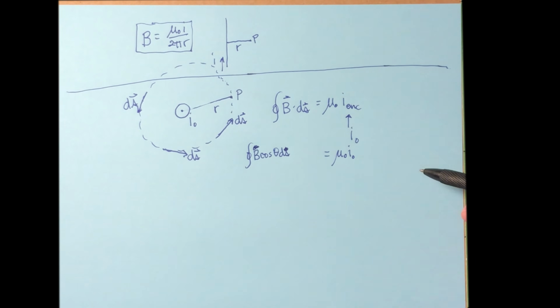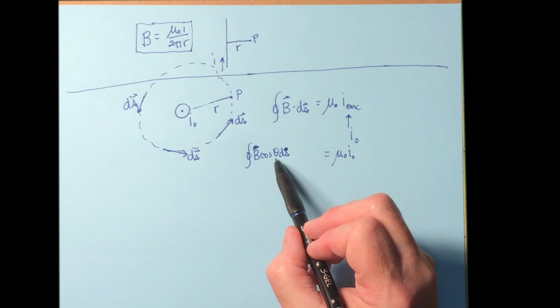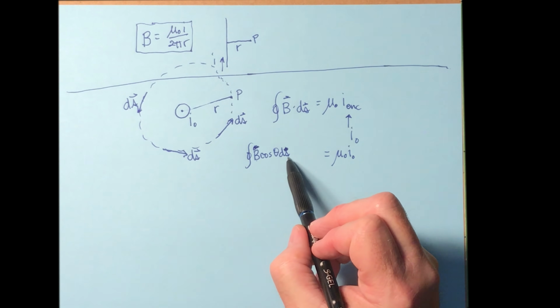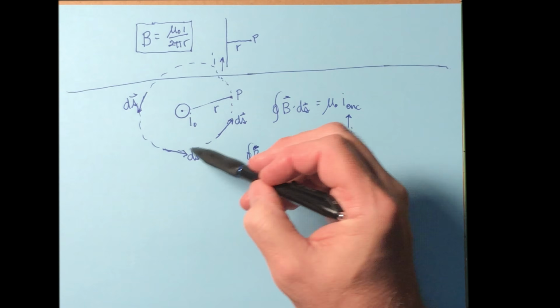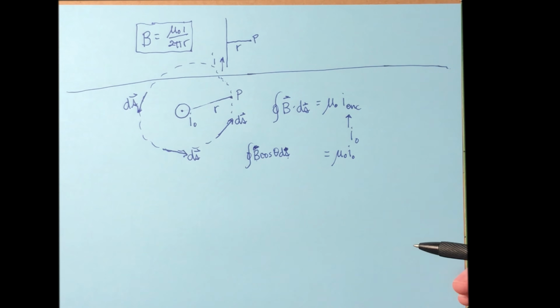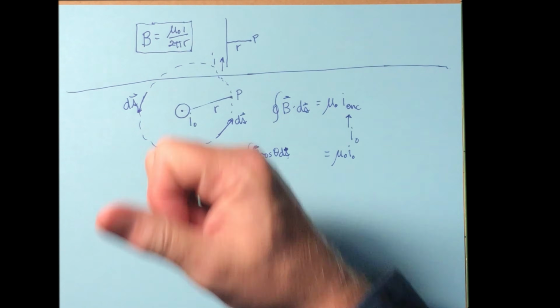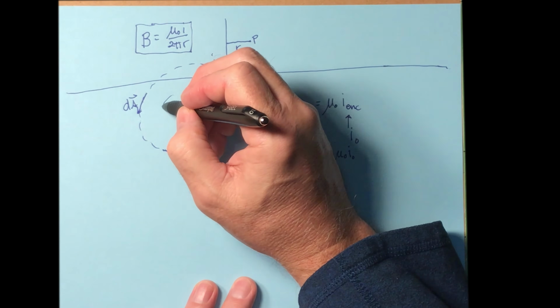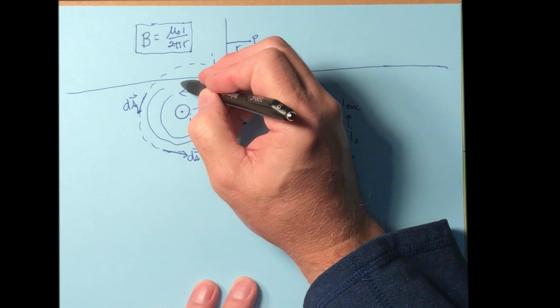Ignore those blobs above the B and the s there. The cosine term is the angle between B and ds. We know the direction of ds here. What about the direction of B? You find the direction of B the same way. You grab the wire, you put your thumb in the direction of the current, and then the magnetic field lines are going to be in that direction, around like that.